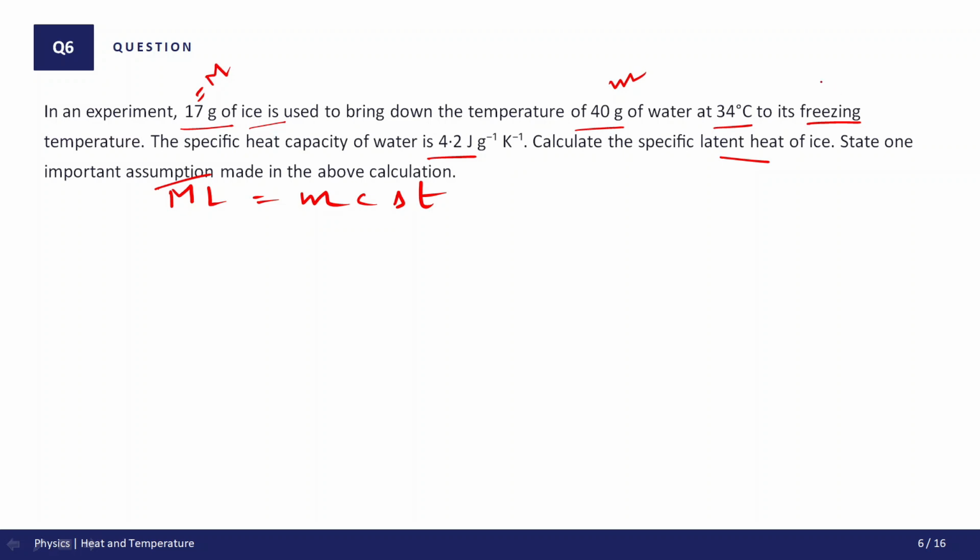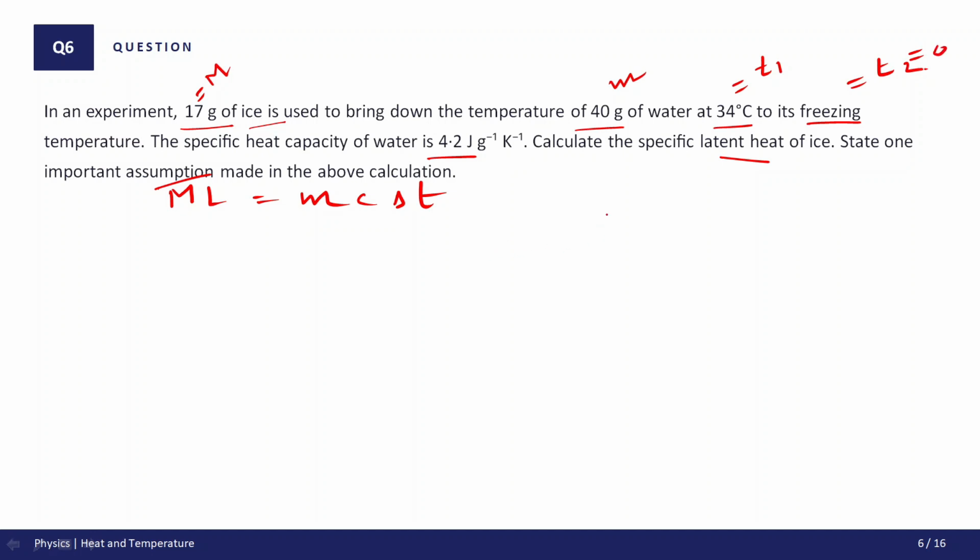What is the change of temperature here? The initial temperature is T1, the final temperature is T2. Initial is 34 degrees Celsius, and he said the freezing temperature. The final temperature is 0 degrees Celsius.